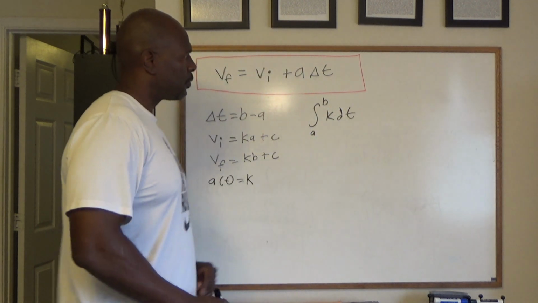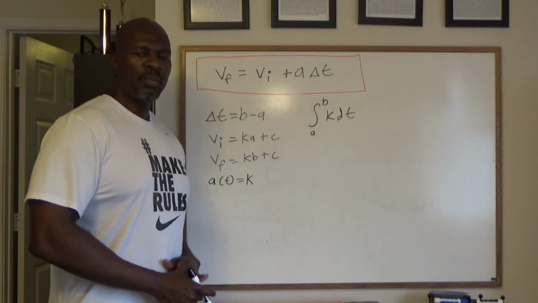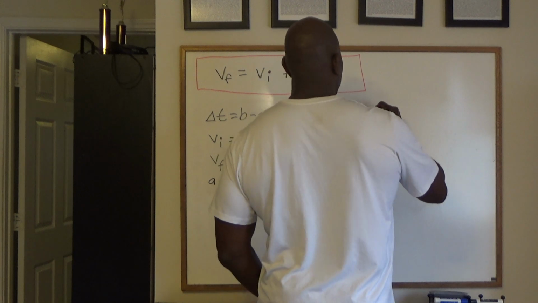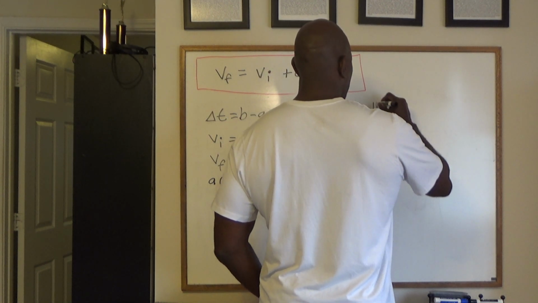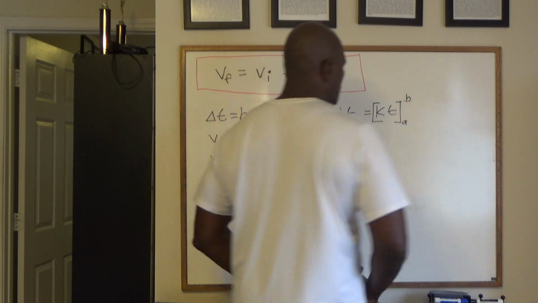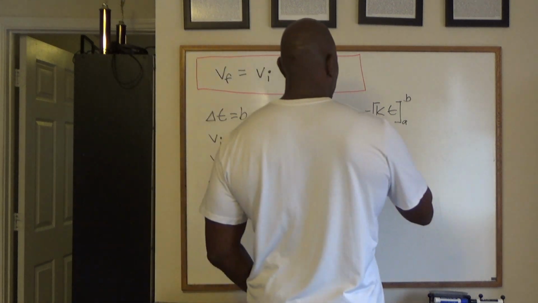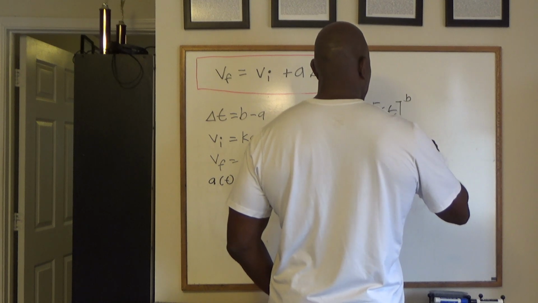So the integral from a to b of k dt. The integral of k, of course, is kt. So this is kt evaluated between a and b. So we plug in b, we plug in a, we take the difference. So that is simply kb minus ka.